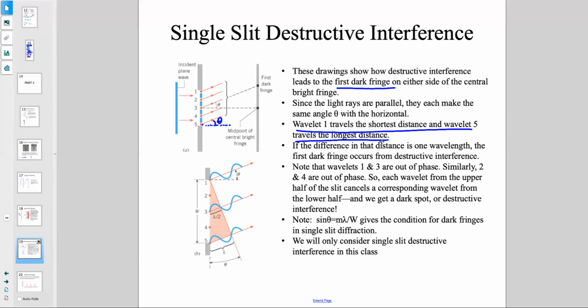If the difference in the distance from 1 to 5, from top to bottom, is one wavelength, which is right there, let me highlight that. All right. Then, if it's one wavelength, we have the first dark fringe as a destructive interference.